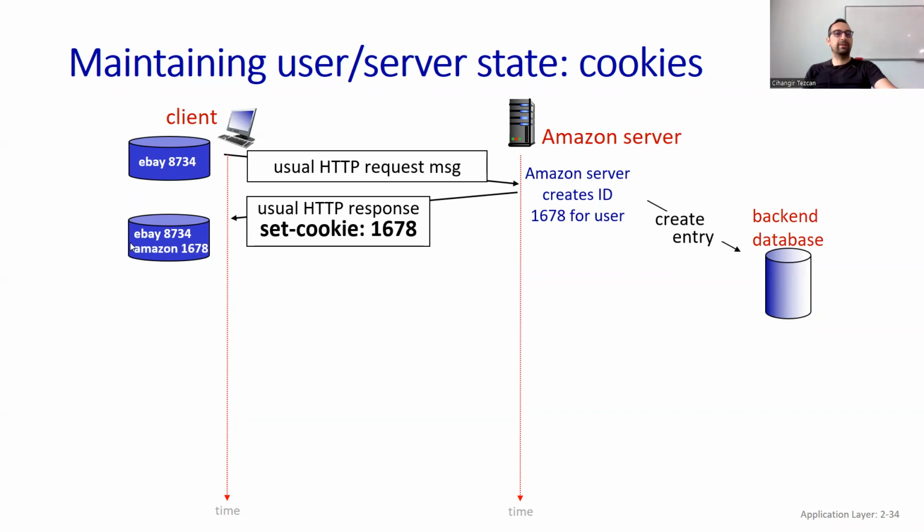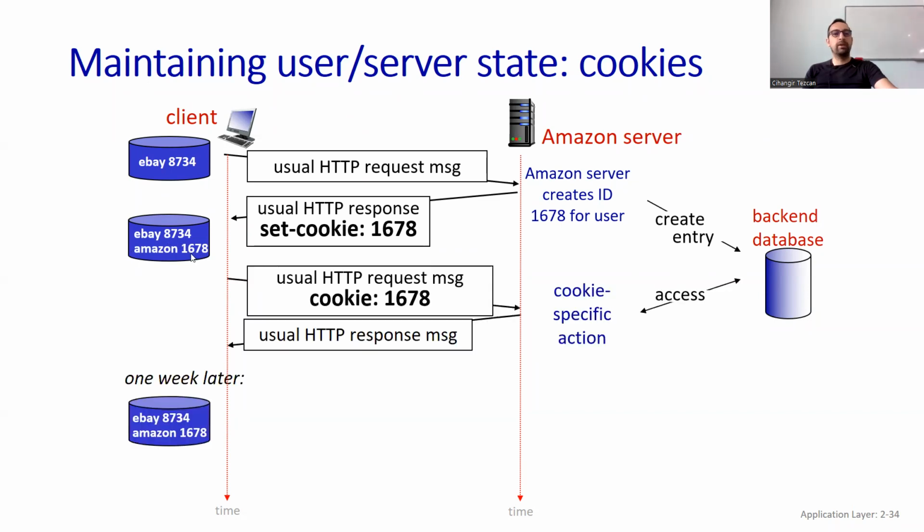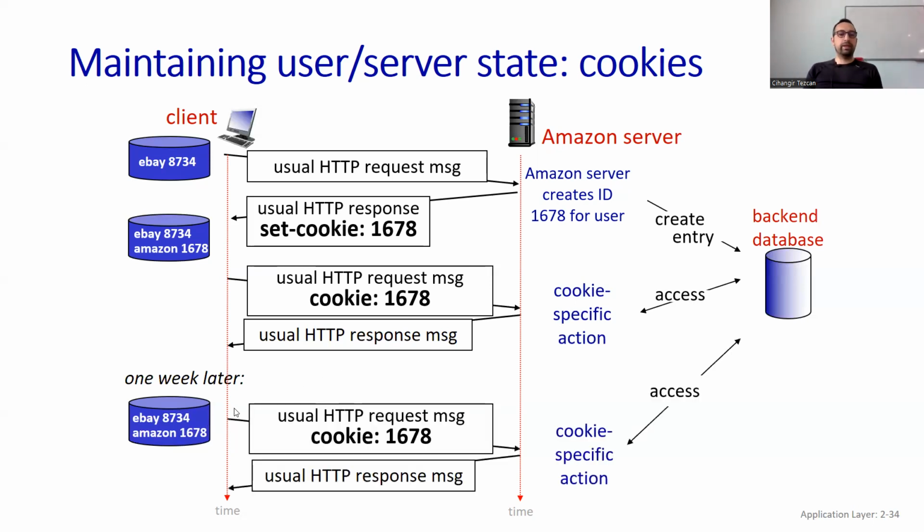So now this is a file on your computer. And so after this point on, you always do the HTTP communication with a header including cookie with this number, okay? So 1 week later, if you visit Amazon again, you will again request the HTTP, but this time, compared to your initial request, now your request has a cookie header.